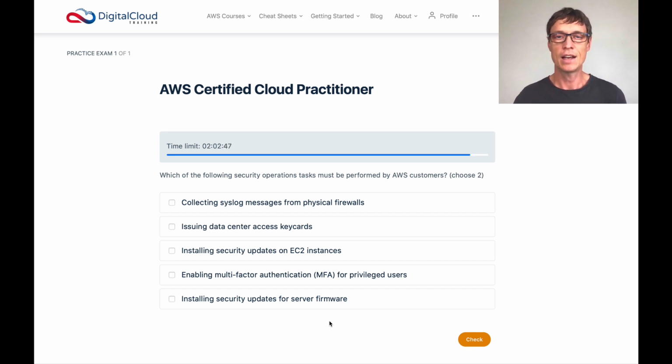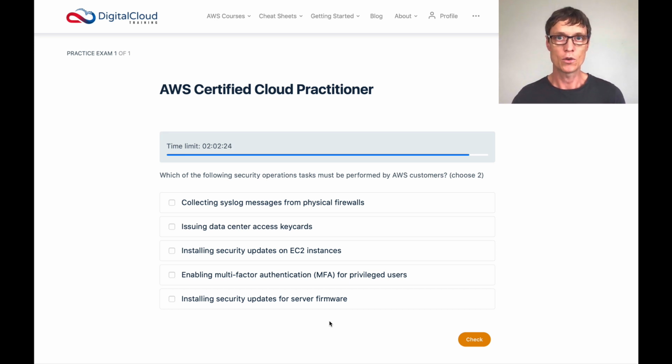Issuing data center access key cards. Well, I think that talks about people who want to enter the physical data center, maybe to do some maintenance, and they need a key card, some kind of authentication card to get in. Well, again, that's AWS's responsibility. Installing security updates on EC2 instances. Well, that's definitely a customer responsibility.